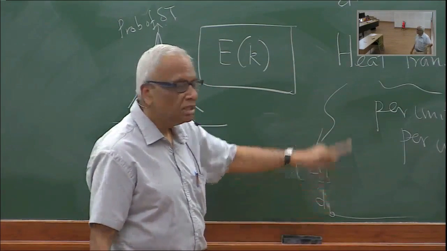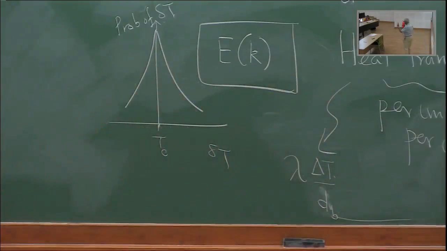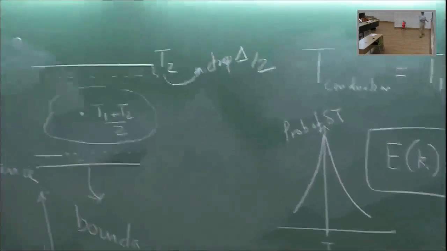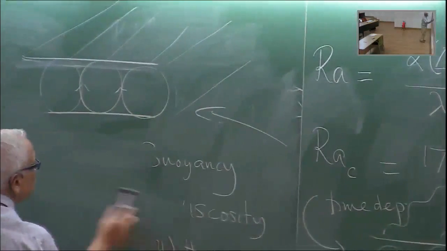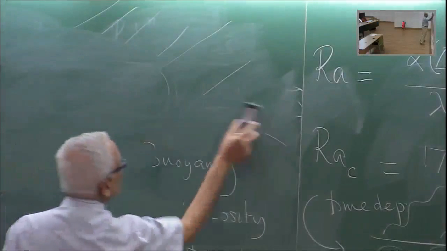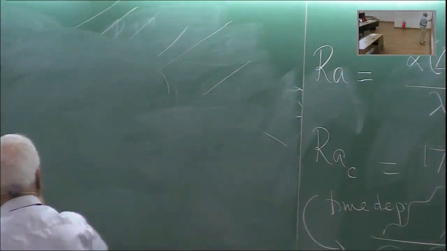Therefore, I'll take 5 minutes to write down the starting point for tomorrow, and then I'll stop. It's del V by del t plus V dot del V equal to minus gradient P over rho.